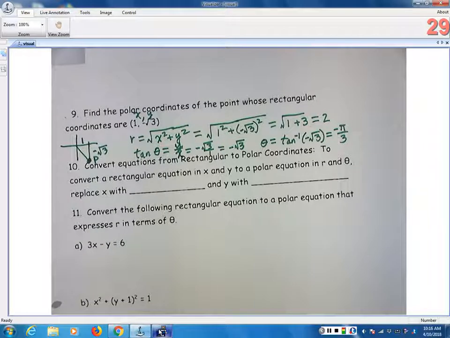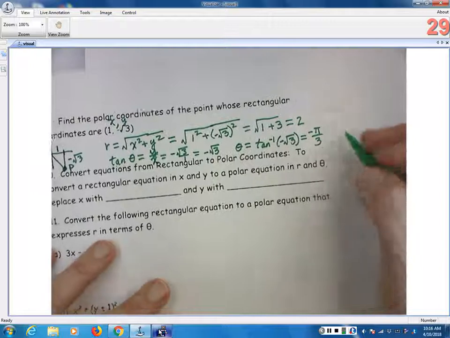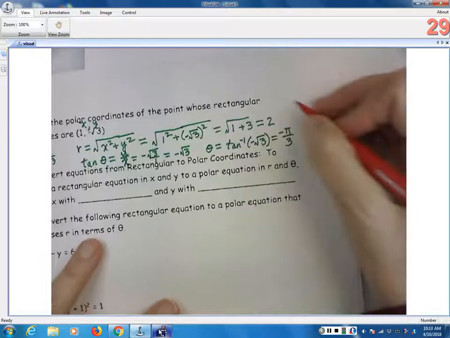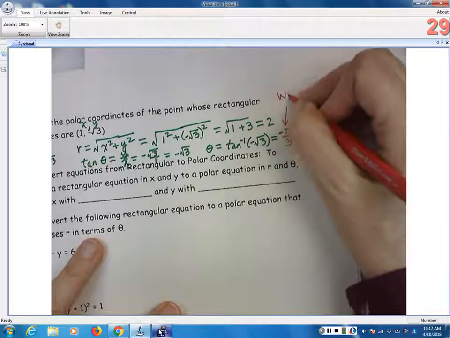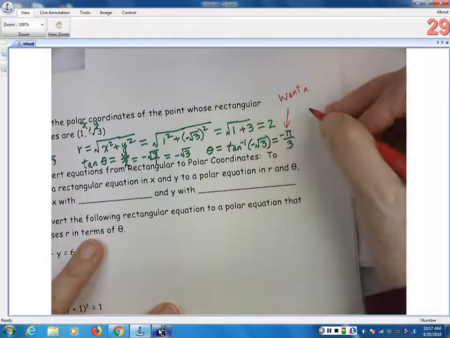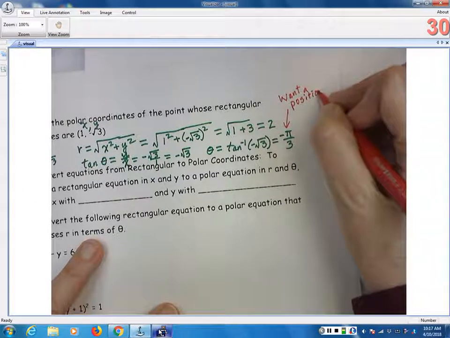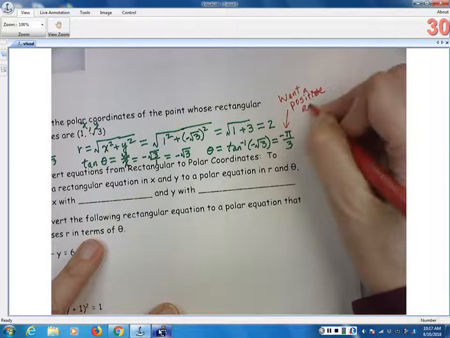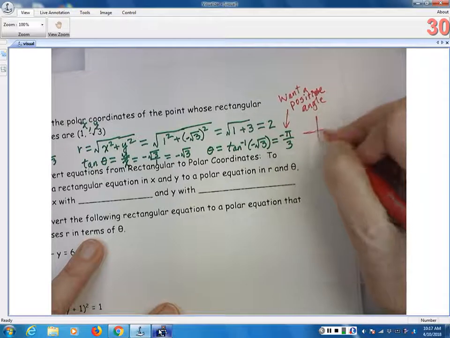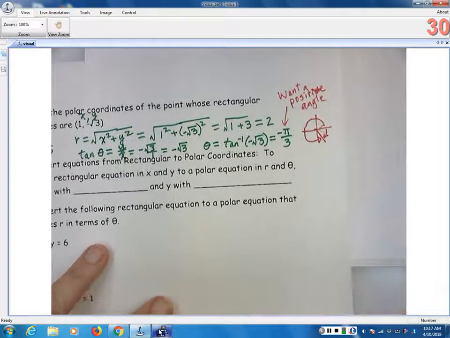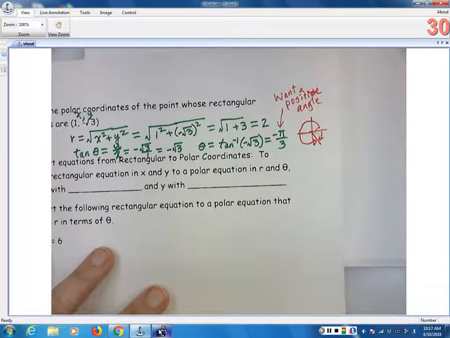For the exact answer, we want a positive angle. We decided we're going to choose a positive angle between 0 and 2 pi. So minus pi over 3 is the same as 5 pi over 3.